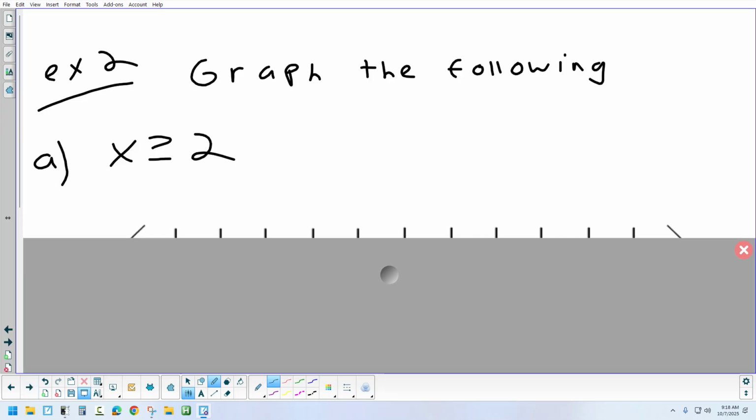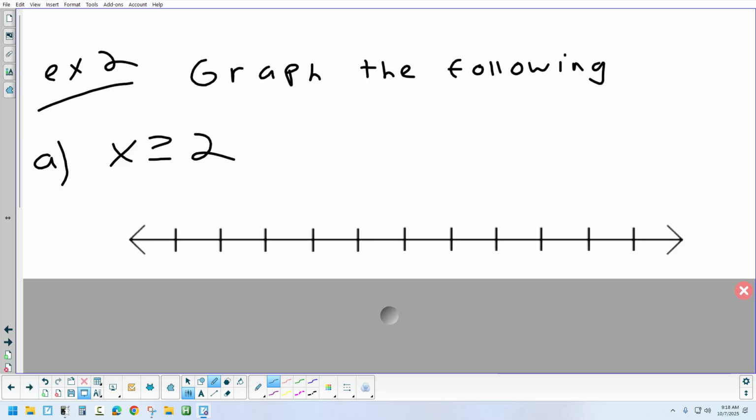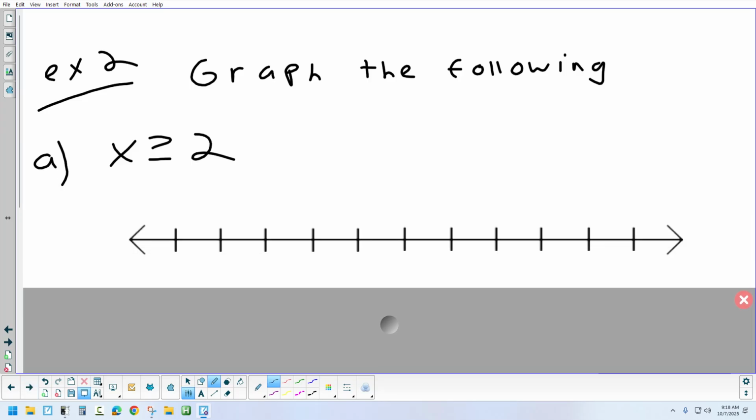So now, let's look at changing an inequality to a graph. On the test, you'd already have a number line set up. And what kind of circle do we need on the 2 this time? Closed.